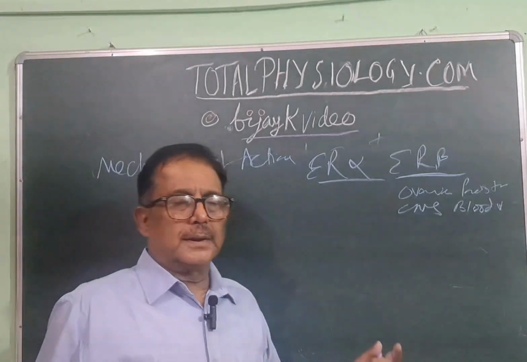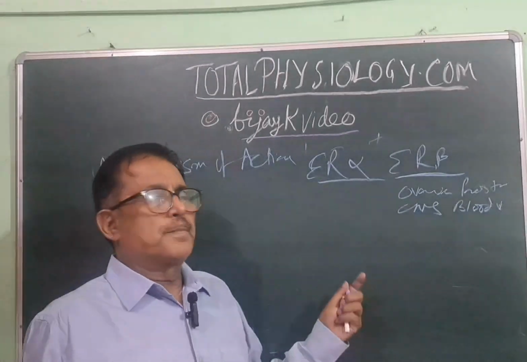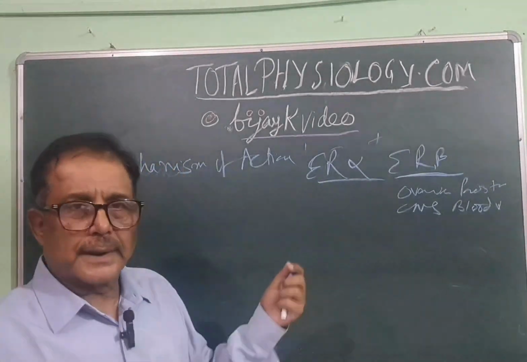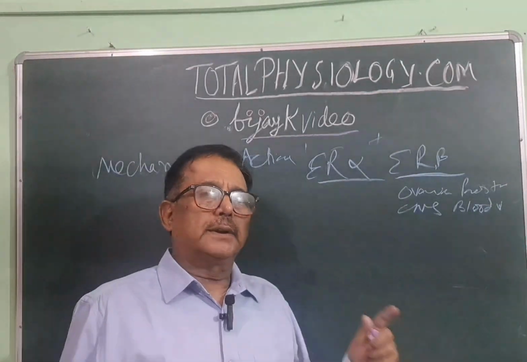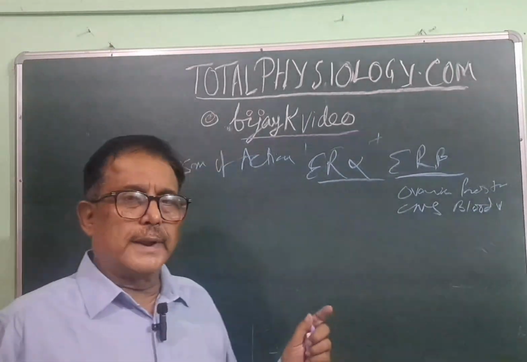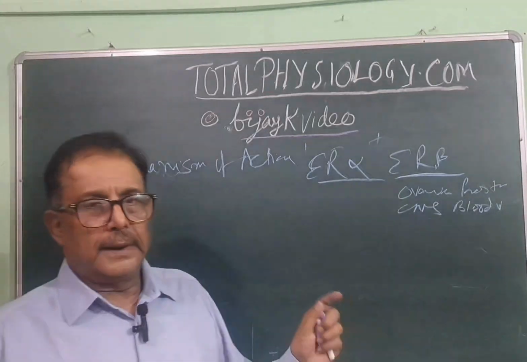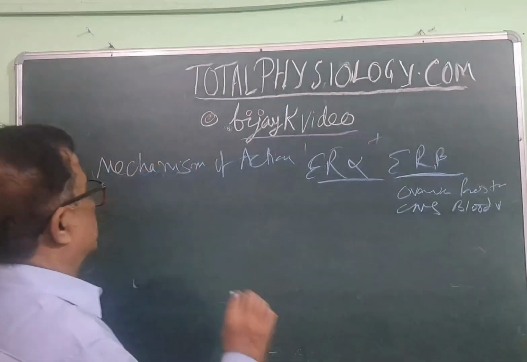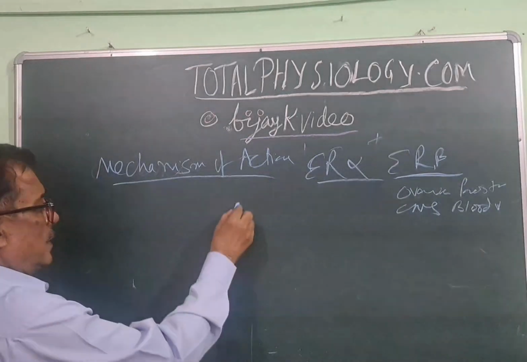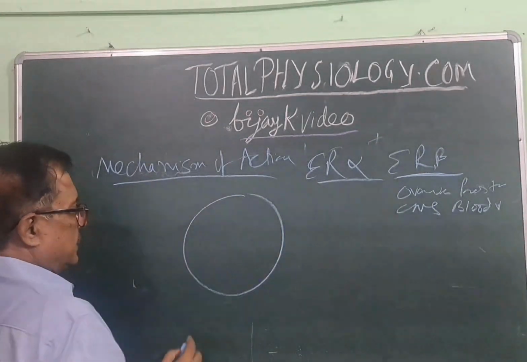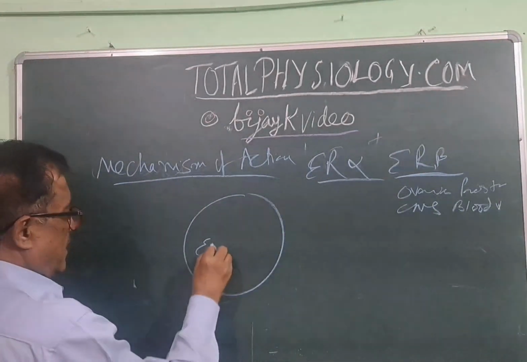and blood vessels. Estrogen receptor alpha is present in uterus, mammary gland and pituitary gland, while estrogen receptor beta is present on ovaries, prostate, CNS and blood vessels.